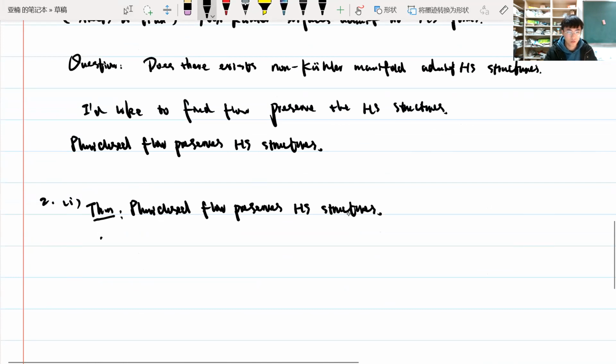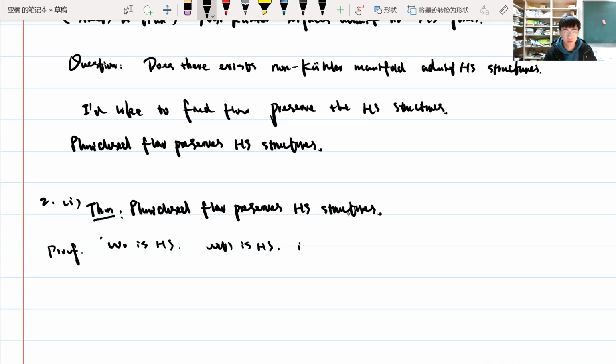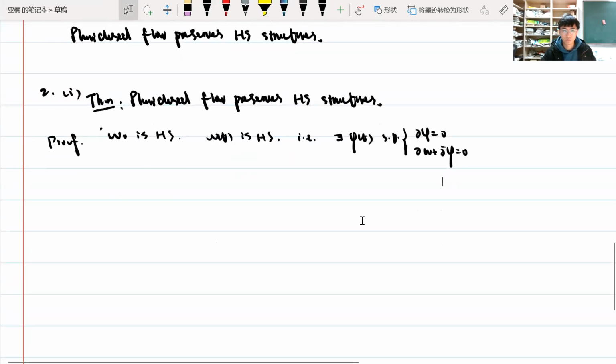And then if the initial condition is Hermitian symplectic, we need to prove that the solution is Hermitian symplectic, or equivalently find a (2,0) form satisfying the equation. And the proof is simple.